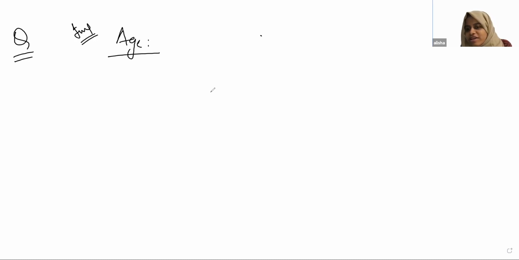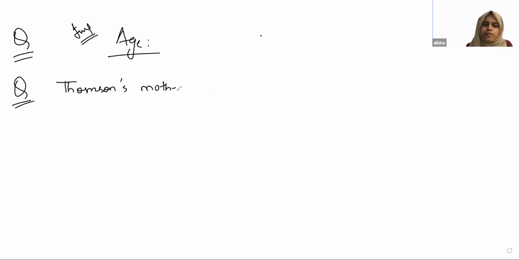This type of question is very common from this chapter, and another is these age questions, which we are going to do now. Okay, these two questions are very important and very common. So if I ask you that there is a boy named Thompson. Okay. If I ask you that Thompson's mother is 3 times older than Thompson's age.